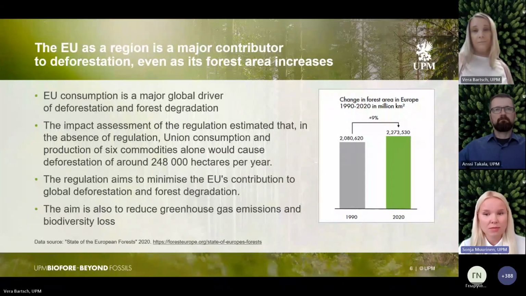This regulation aims to minimize the EU's contribution to global deforestation and forest degradation, which are among the main drivers of climate change and biodiversity loss. The goal behind EUDR is important, and we fully support its aim to create a positive impact.